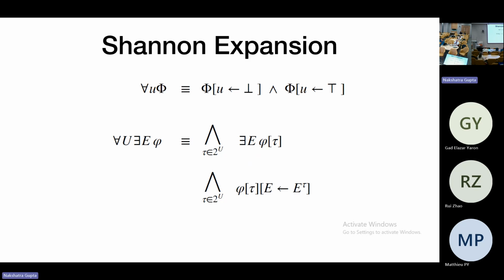So what you can do, and I'm trying to write it down here, is you plug in the assignment of the universally quantified variables. So now you're just left with this existential quantification.